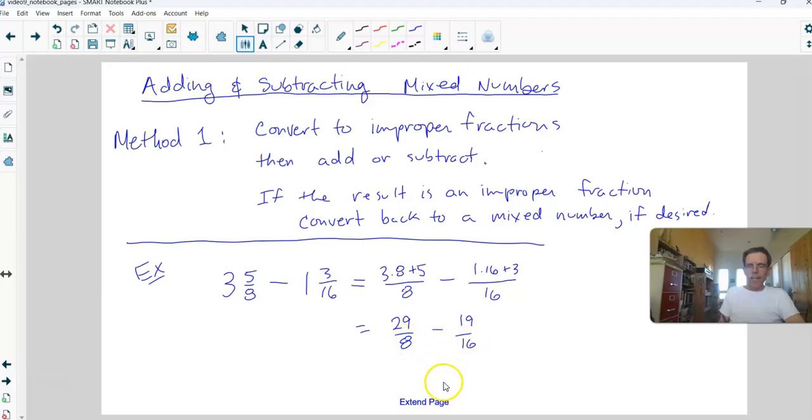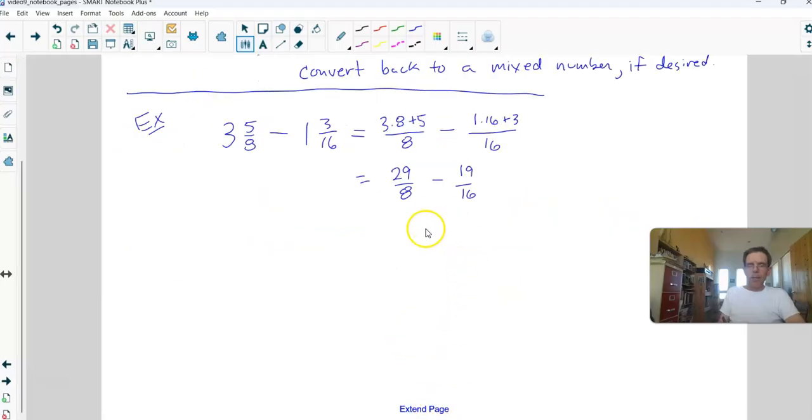Now we can't subtract yet. We don't have a common denominator. What is the LCD, the least common denominator? How about 16? Right? We can rewrite, get an equivalent fraction for 29 eighths with 16 in the denominator. What is that? 8 goes into 16 twice. 2 times 29 is 58.